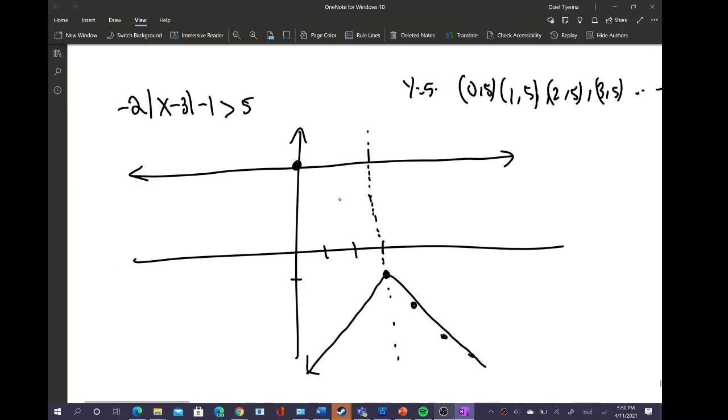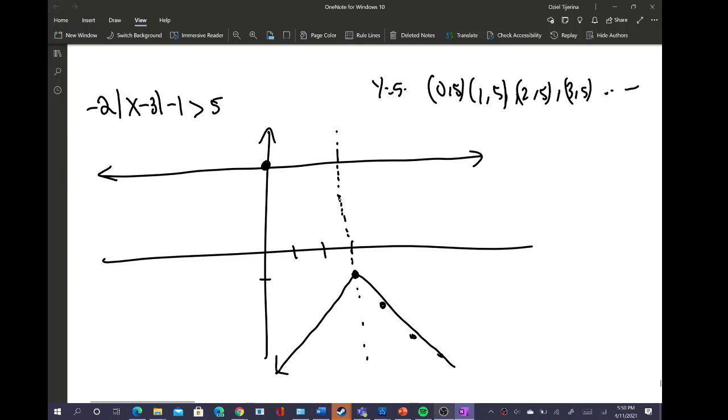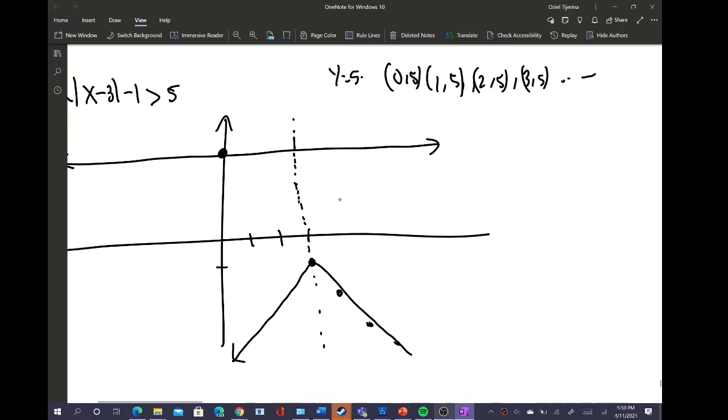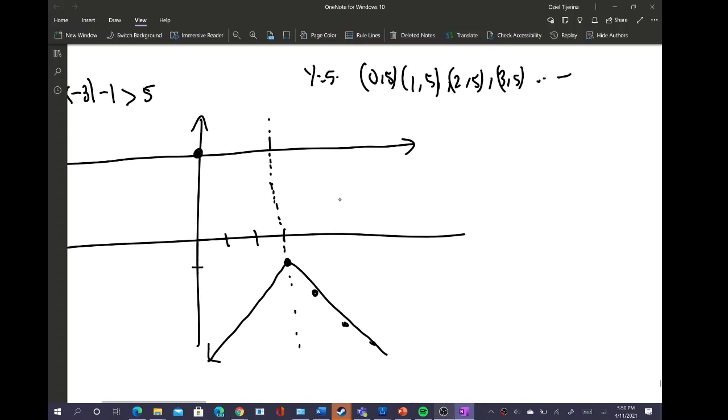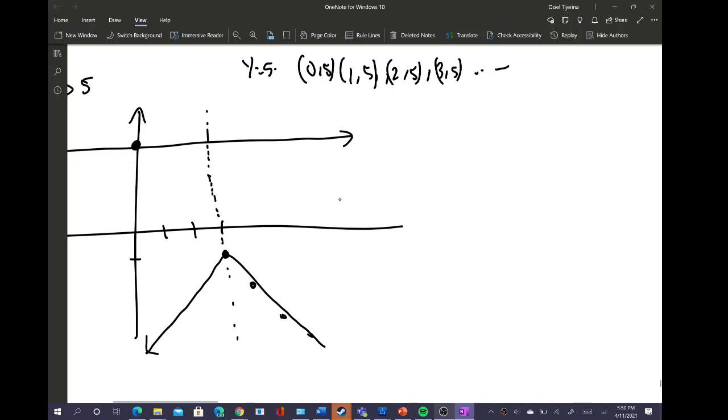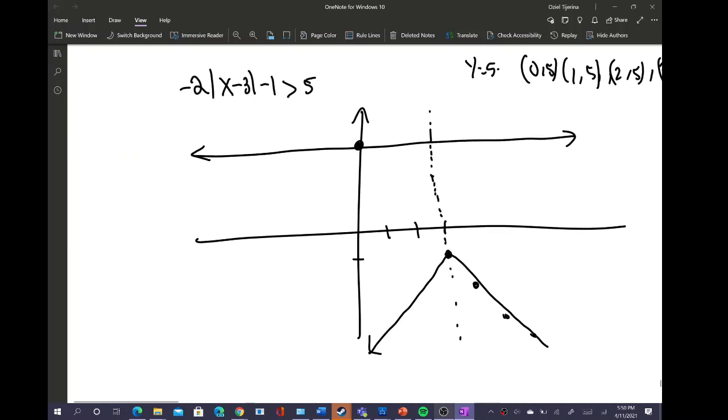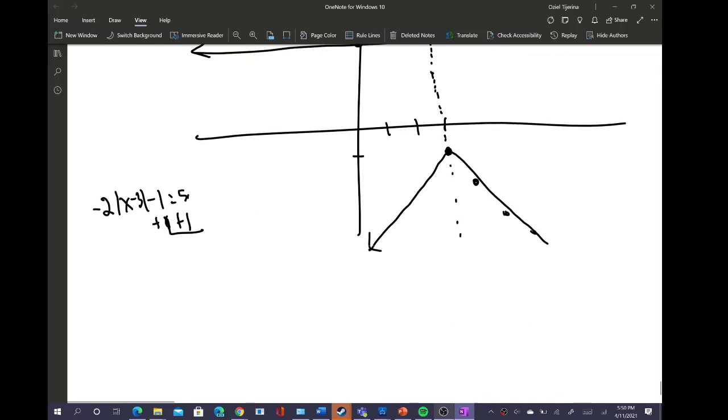Then if I look at this at y equals 5, you solve for x. Negative 2 times the absolute value of x minus 3 equals 6. You divide by negative 2 on both sides, and the absolute value of x minus 3 equals negative 3.